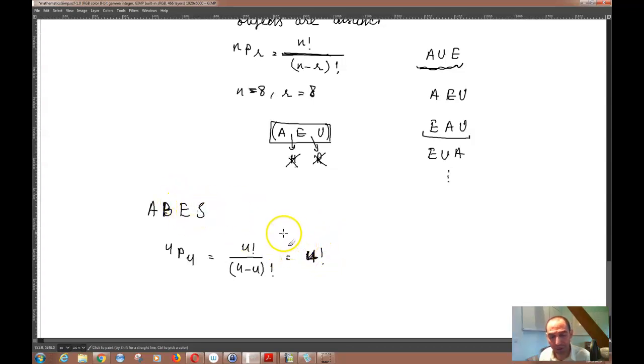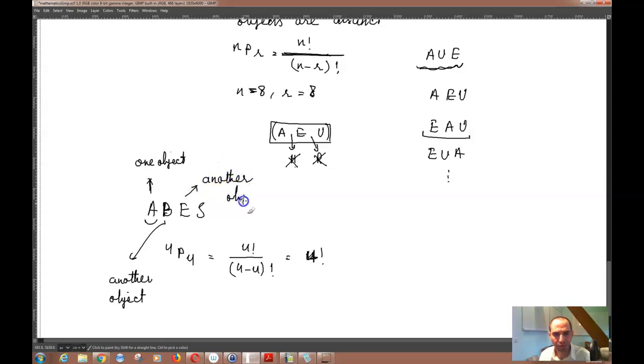So that way I can calculate all the different permutations of these 4 letters, or the number of permutations of these 4 letters. Now, what I want to do here is that when I calculate the permutation of these letters, I take this A as one object. I take this B as another object. I take this E as, again, another object. And I take this S as another object.